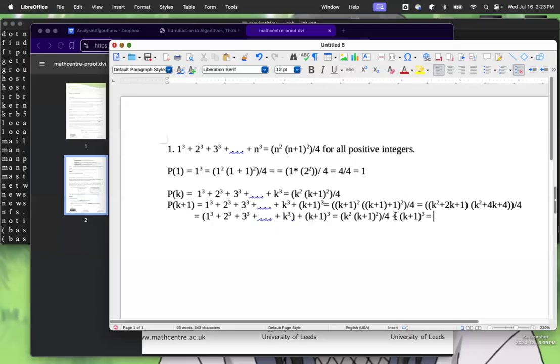So there will be k to the fourth over here. If I were to add the k plus 1 cubed over here, remember that we had that 4 over 4 thing? So I'm just going to say that we can combine like terms.